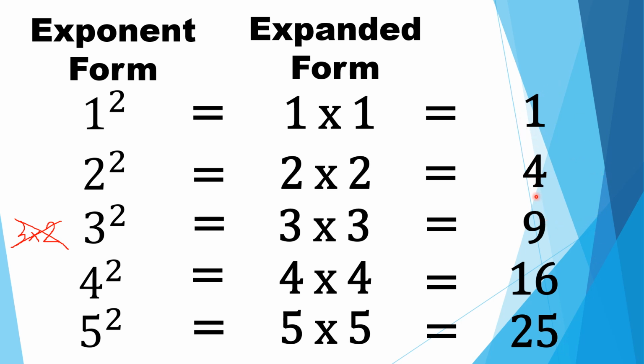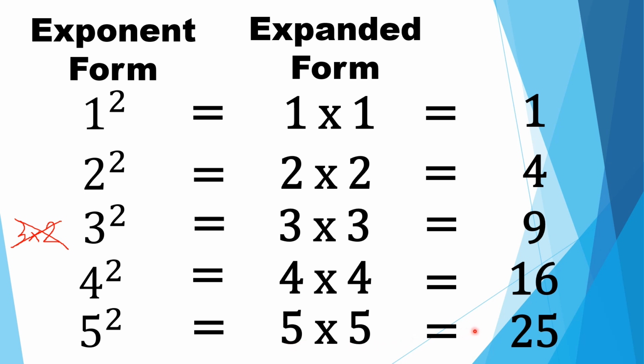1, 4, 9, 16, and 25. These are the answers when we multiply a number by itself. 25 is the product when we multiply 5 by itself.